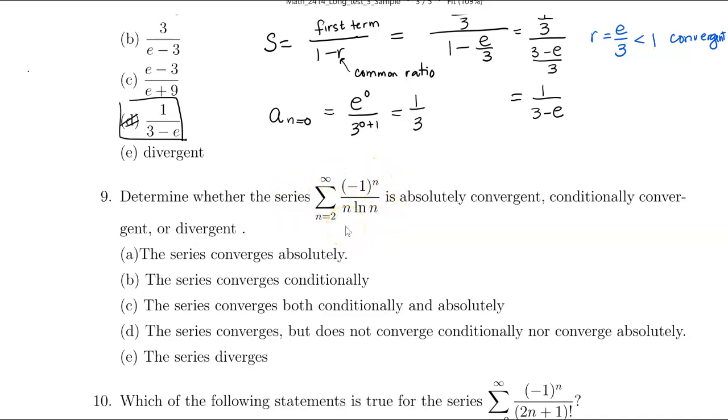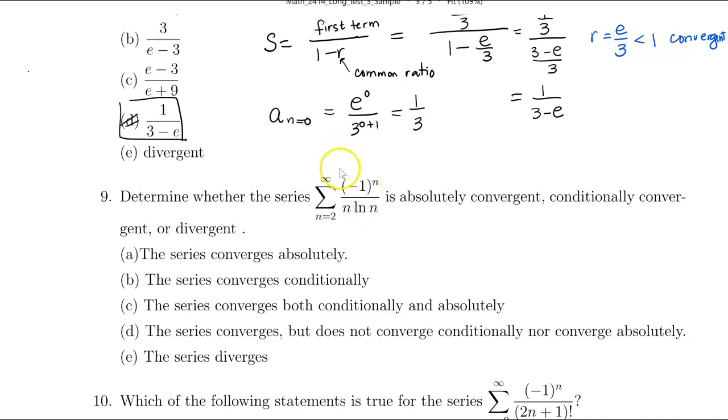Normally, if it is an alternating series, you will have to determine convergence using the alternating series test. Now, if that turns out to be convergent, then we know that the series is convergent.